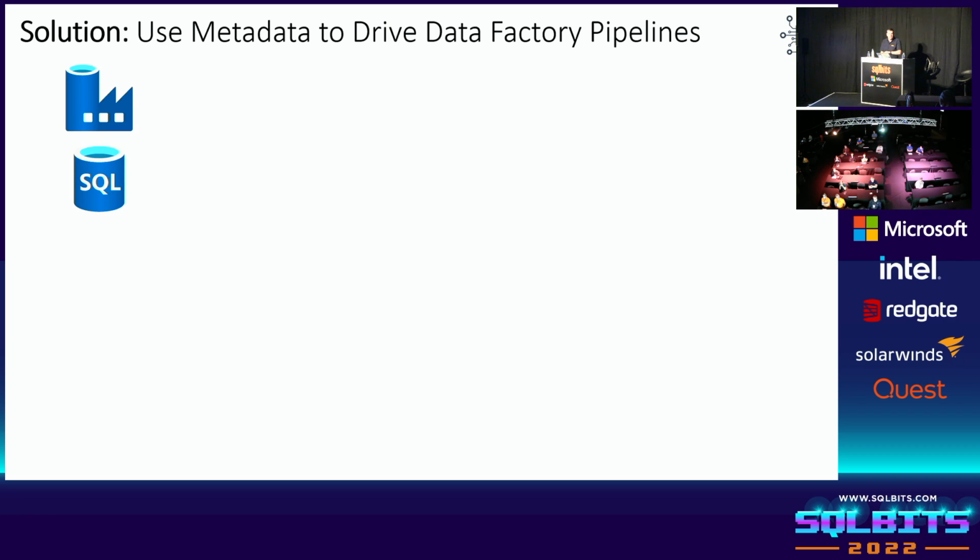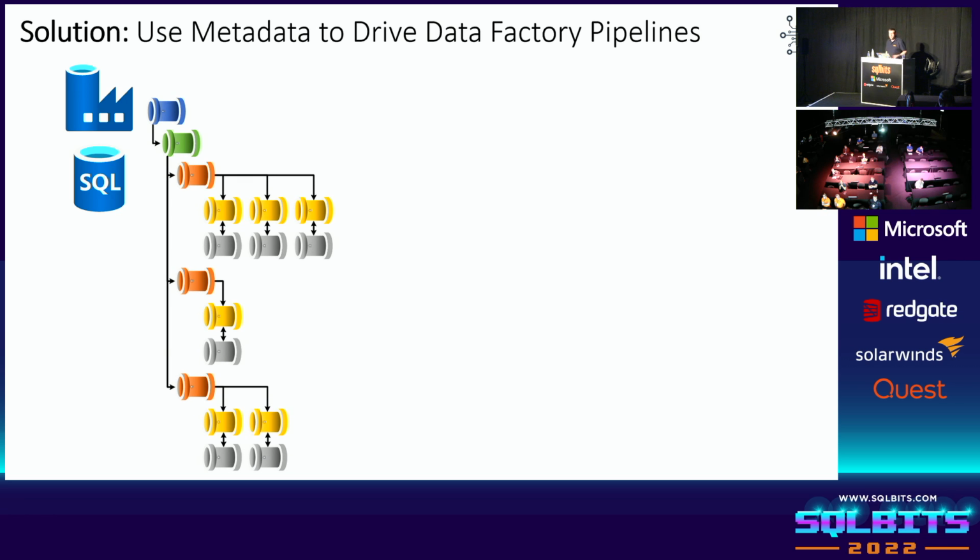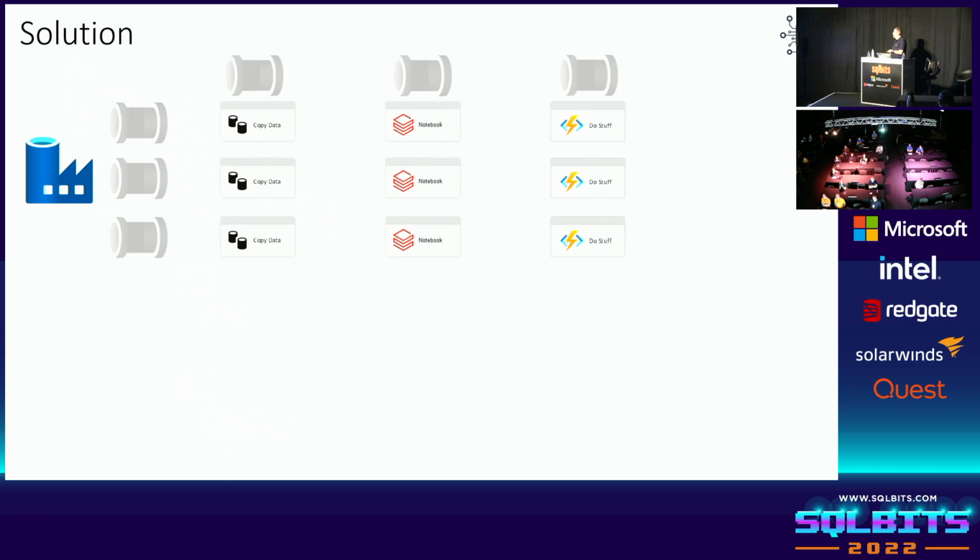And in my case, I would store that metadata in an Azure SQL database or any flavor of SQL database, hosted or otherwise. And we can then use that metadata to drive a more complex hierarchy of pipelines. So if we think about that against our problem statement, as I've described it, we've got all of those activities.